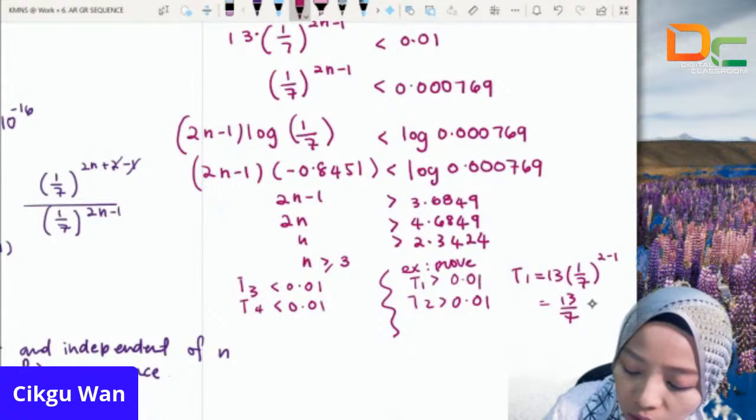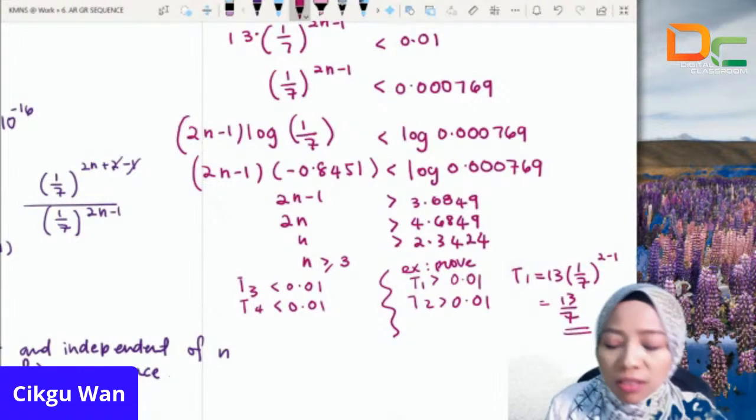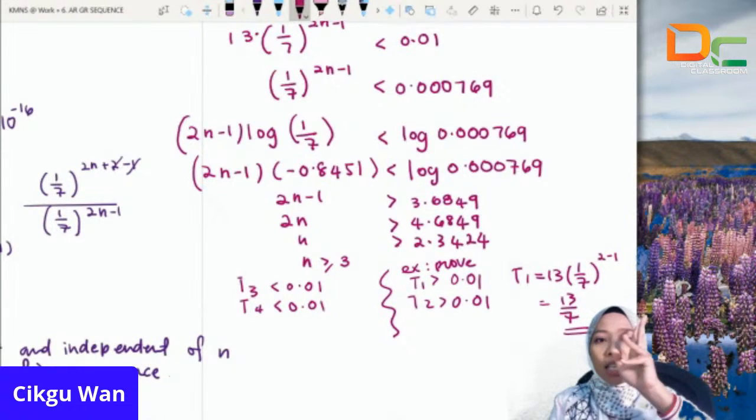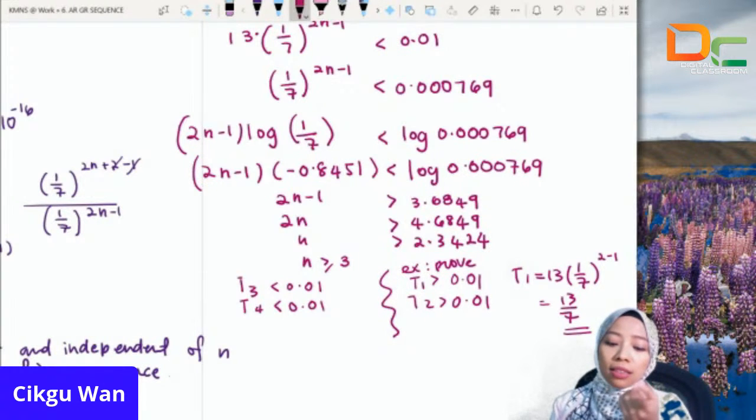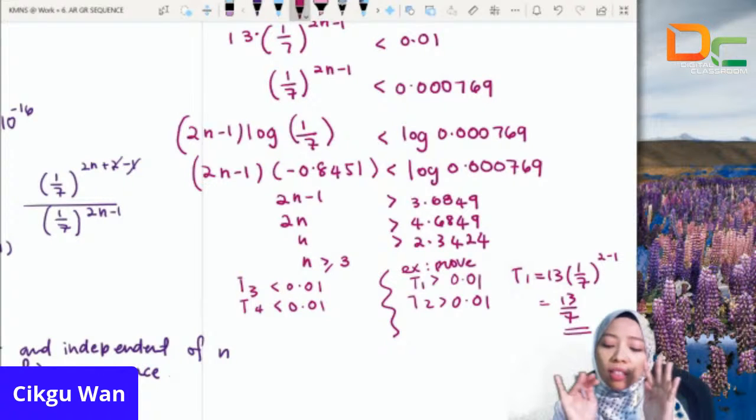Nilai yang besar. So kalau you masukkan T2 pun nilai dia akan besar juga. Tapi bila you masukkan T3, you cari T4, you cari T5, all the fourth term, the third term, the seventh term, where the n is greater than 3, it will give you values that are very small, which is less than 0.01. Faham tak?